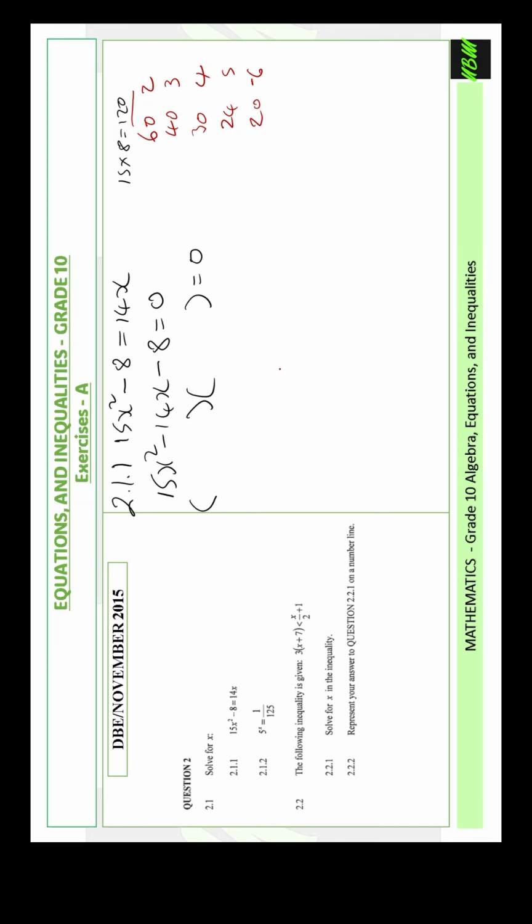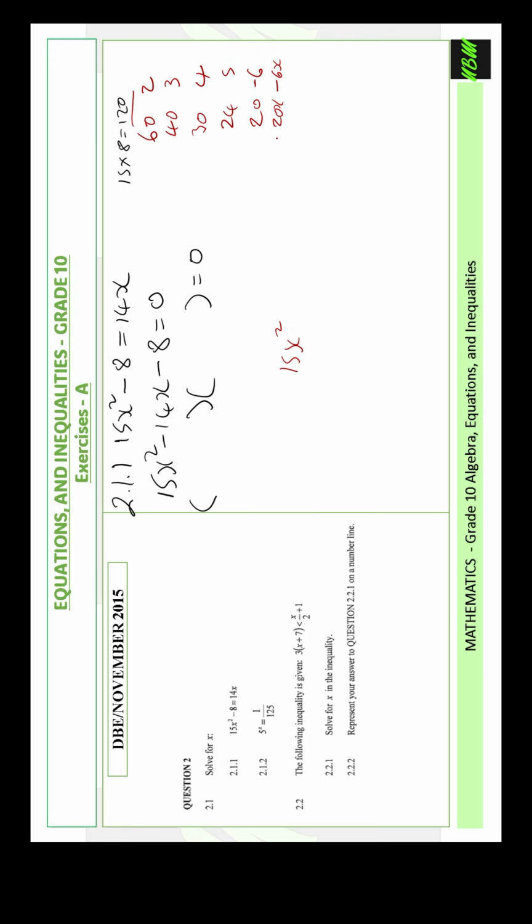Therefore, we are now going to say 15x squared, then minus 14x, we are going to replace it with 20x minus 6x. Then we'll be saying, not 20x minus 6x. Remember, we want minus 14x.